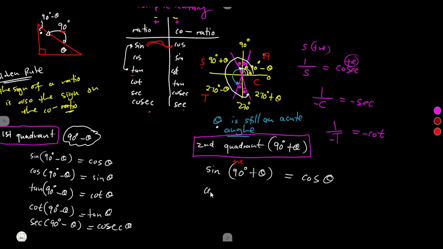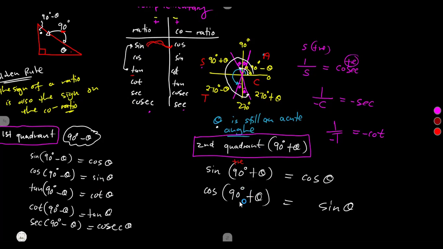All right, let's go to cos. You understand me here. Cos of 90 degrees plus theta. Remember, cos is supposed to change to sine. It was supposed to be sine of theta, but you must consider the quadrant.